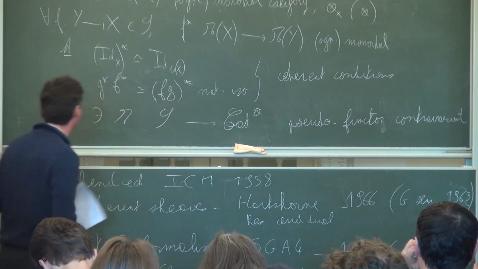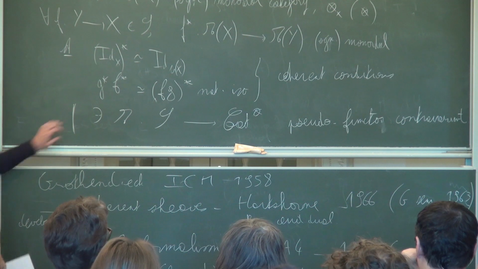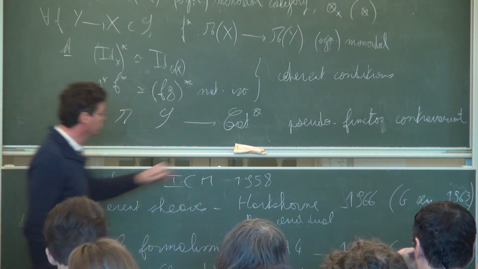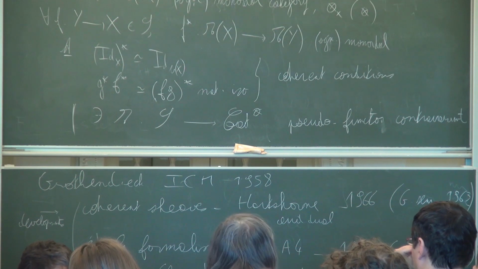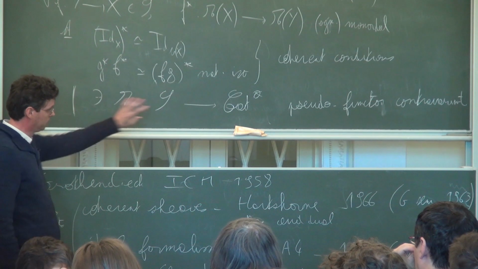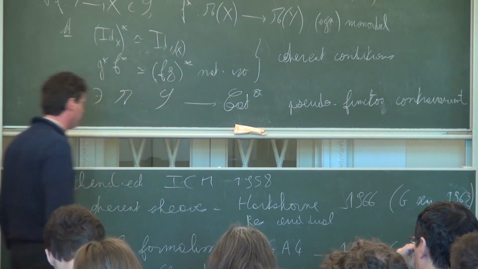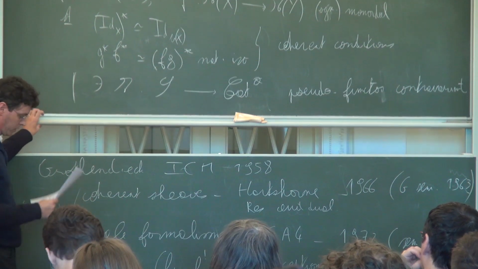So if you want the precise language, this is what you will use. Pseudo functors were introduced by Grothendieck. There's also a notion of a fibered category, which is a counterpart of this theory here. But okay.